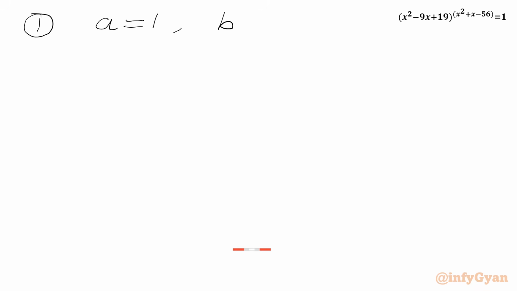We will write here a equal to 1, and we have to make sure b should be a real number. So this is our a, and here we will write b. Let's put a equal to 1.